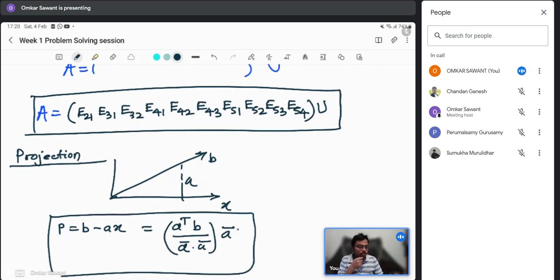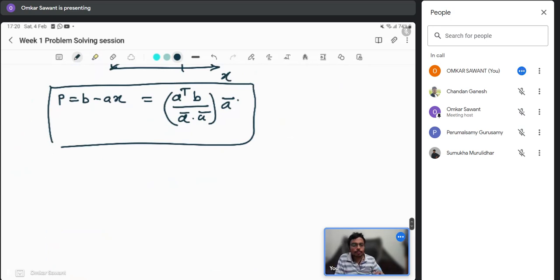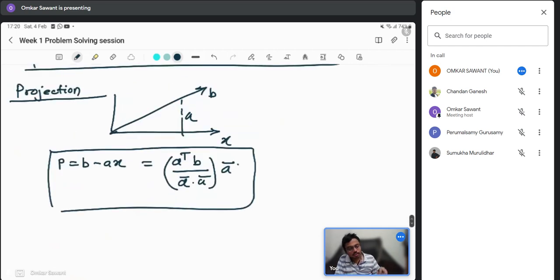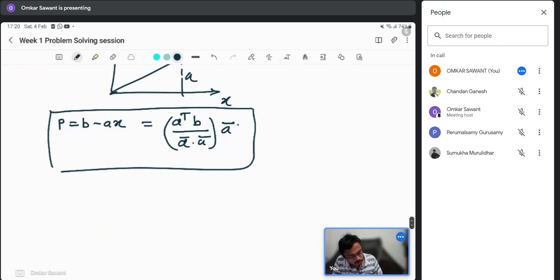Yes, sir. Now, if I want to find the projection of any vector on any other vector, not this orthogonal projection, but a simple projection, like the projection of u1 bar on u2 bar, how will you find it?